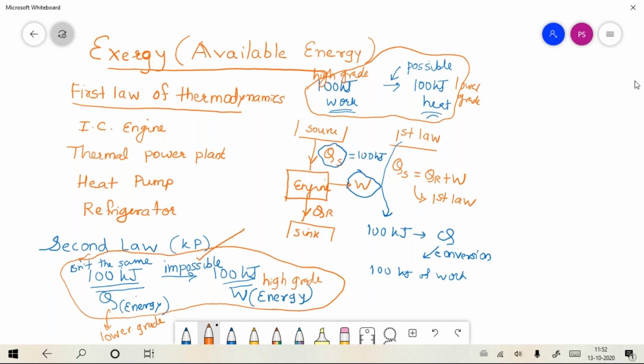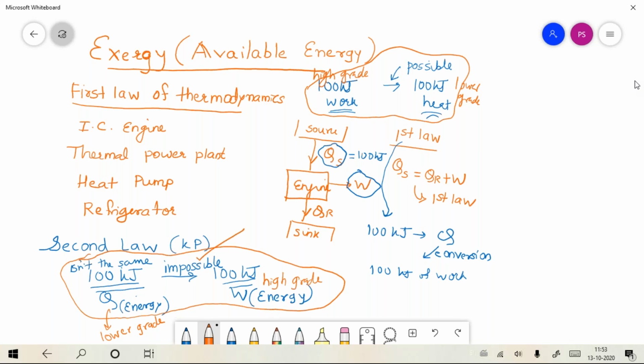So, as Tanaya is saying, the importance of quality of energy is to be understood, and the first law of thermodynamics is not able to differentiate between different forms of energy. The term energy per se is not able to differentiate between different forms of energy. We need another term to differentiate between the qualities of energy, and that term is called available energy or exergy.